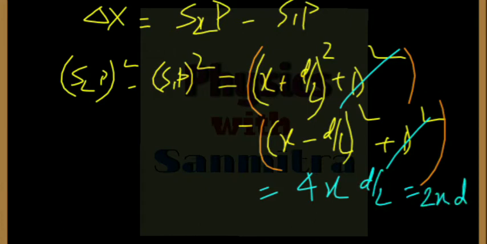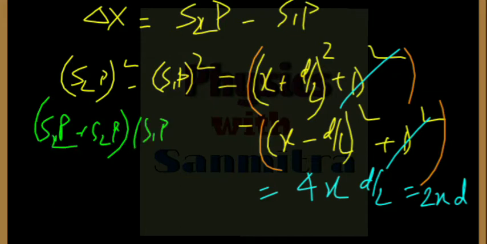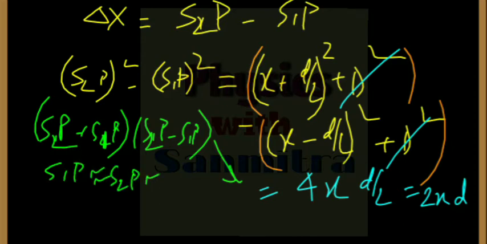Okay. Now this S1P and S2P, this square I can write S2P plus S1P into S2P minus S1P, that is equal to this. See, S1P is almost equal to S2P, that is almost equal to D, because when we are subtracting almost same quantities, that subtraction will be of significance, but when you are adding them, that is almost equal.